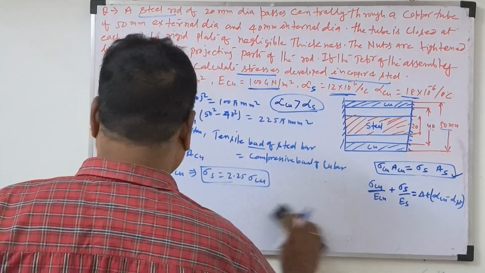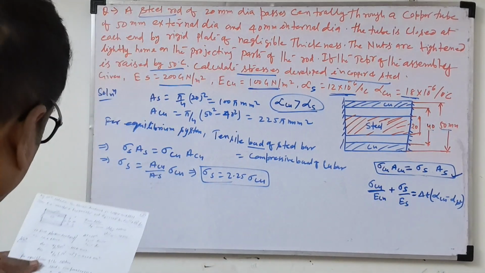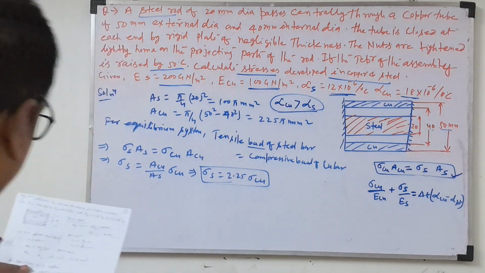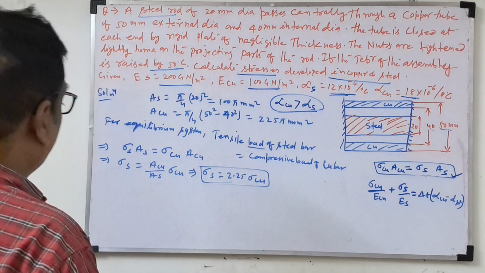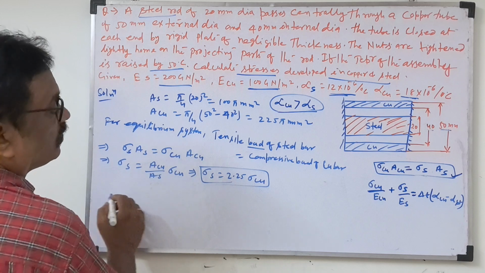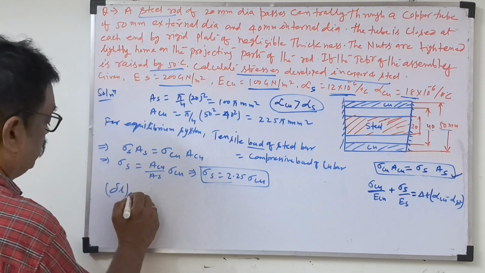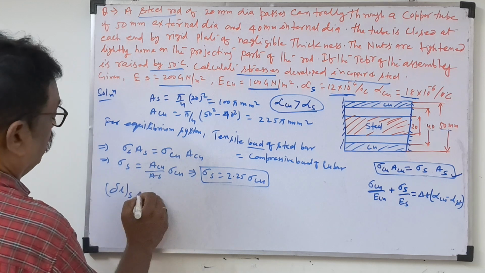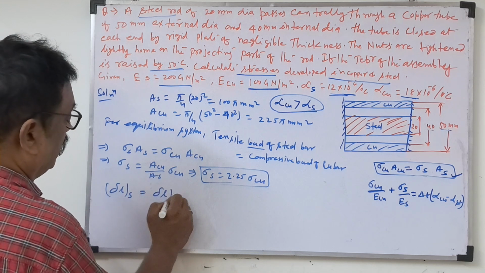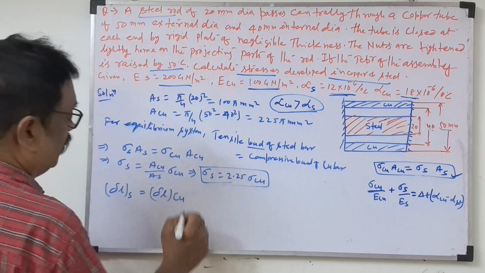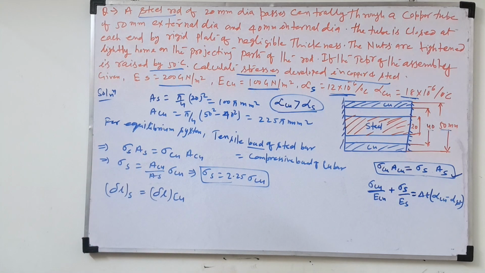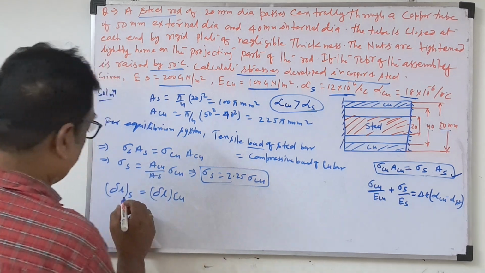Okay, now the second case: the elongations of both bars will be the same. So delta L for steel will be equal to delta L for copper. The elongation of both bars will be equal. Now what can we write here?